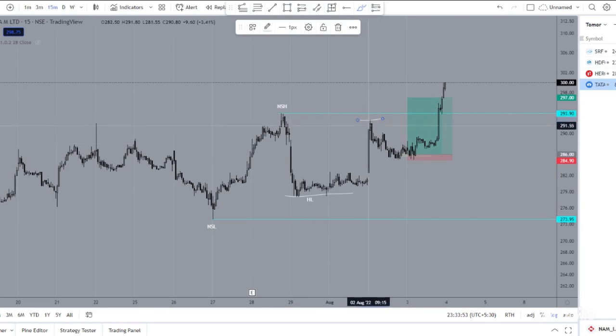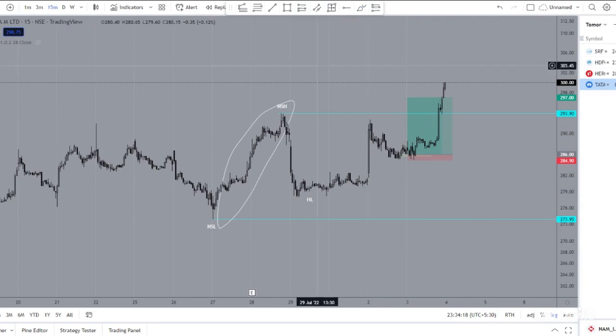From here, it again went into consolidation, which means that the stock is still having power to go up, right? So inside this main swing, we have created a smaller swing like this.